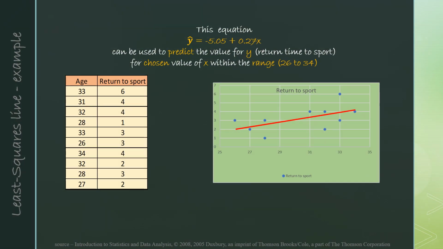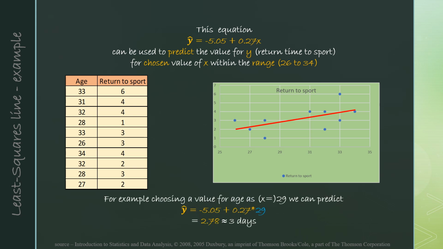This equation can be used to predict the value for y, that is the return time to sport, for a chosen value of x within the range 26 to 34. We'll discuss the restriction on the range of the x values soon, so hold on till then.